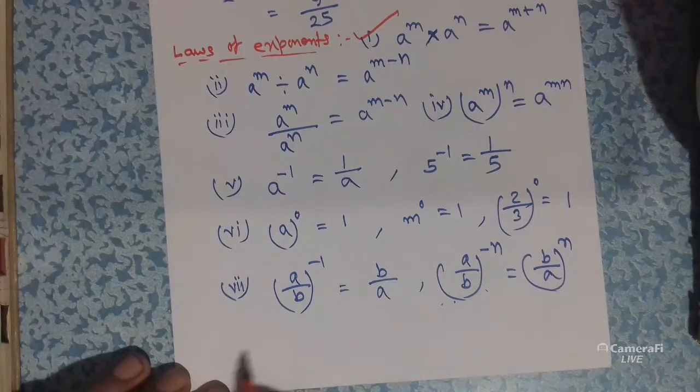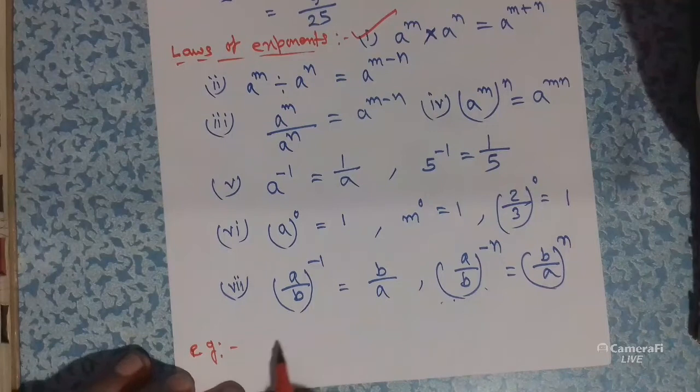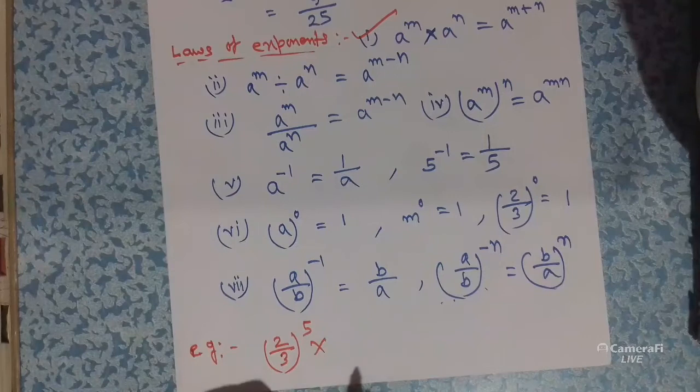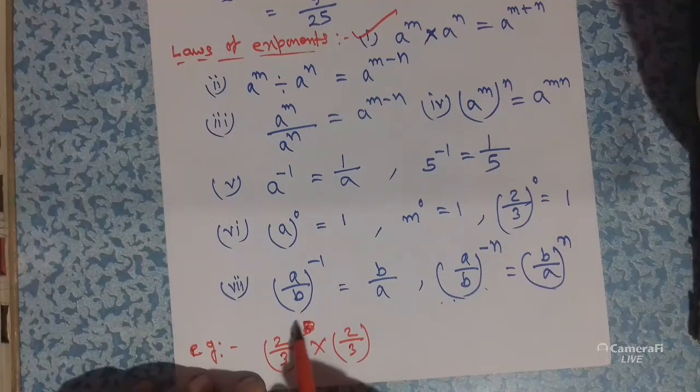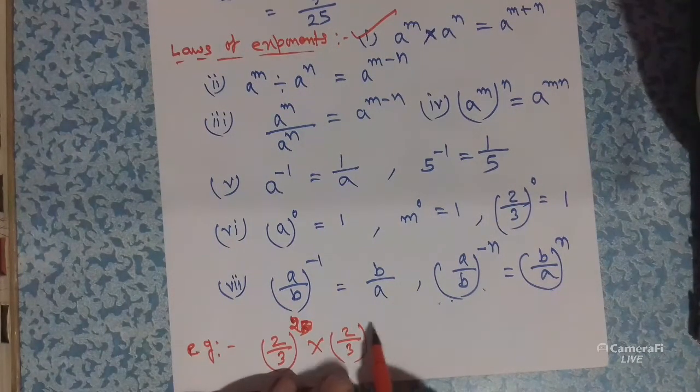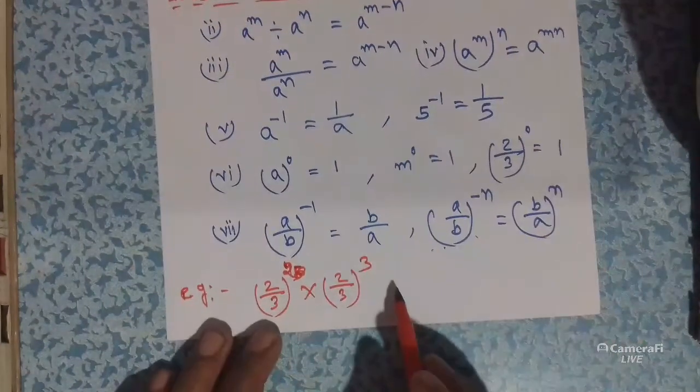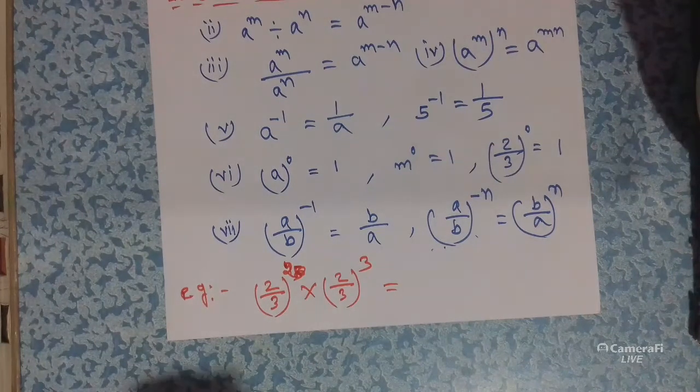Suppose the example is (2/3) to the power 2 multiplied by (2/3) to the power 3.